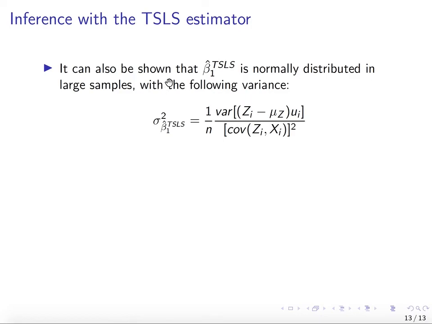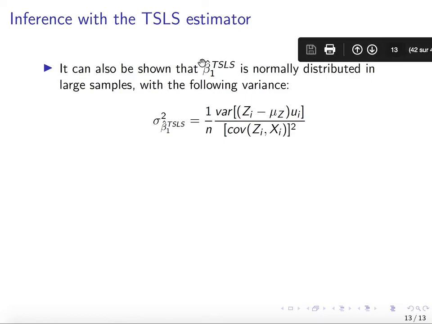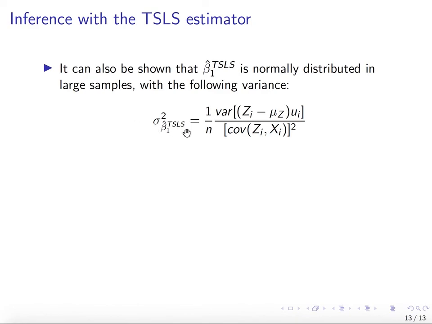We can also show that this beta 1 hat is normally distributed in large sample. You see that the formula here is actually one that is kind of familiar to you, except for this part maybe.